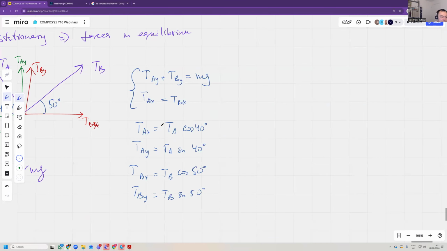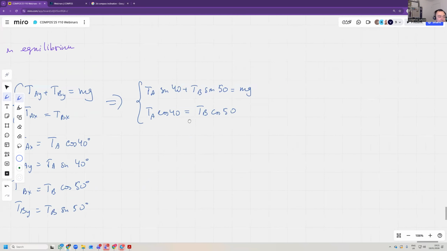And now all you need to do is just plug them in, because TAY plus TBY is TA sine 40 plus TB sine 50 equals mg, and TAX, which is TA cos 40, must equal TB cos 50.